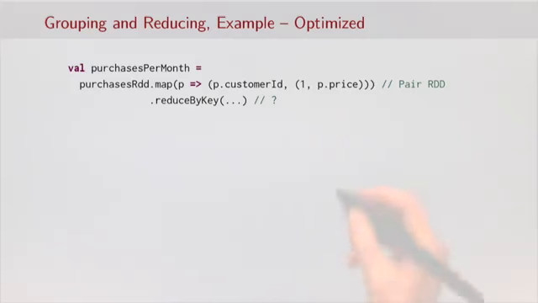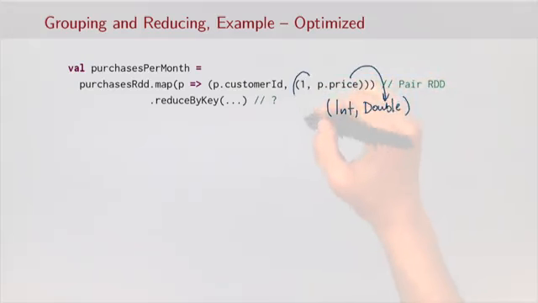And since our values are types integer, double, where here we have the price, and here we have an integer that we can count up, the function that we pass to reduceByKey must reduce over two such pairs. I'll give you a moment to try and come up with a solution with this information now available.